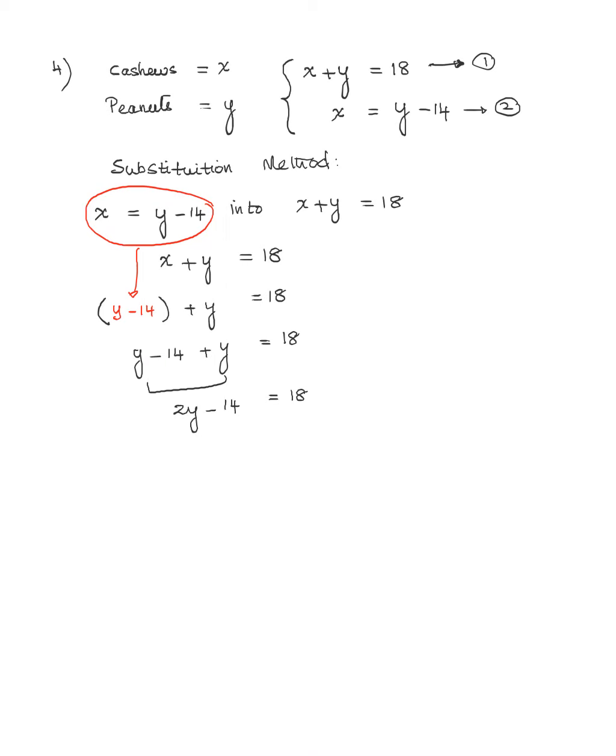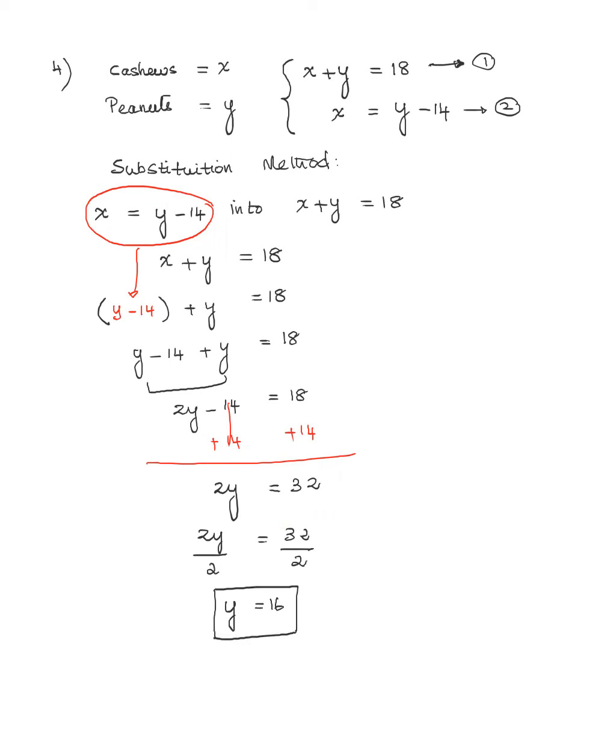So let's get the y variable by itself. So add 14 both sides. So we get 2y equals 32 and divide by 2 both sides. So we get y equals 16 and y is the peanuts, the pounds of peanuts.